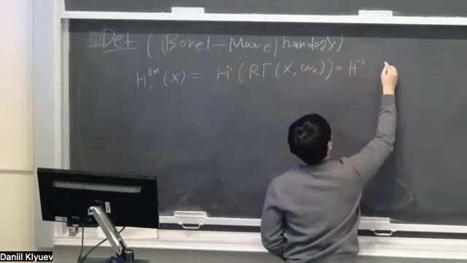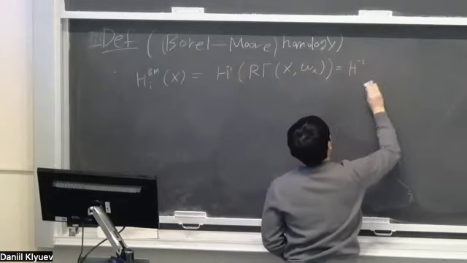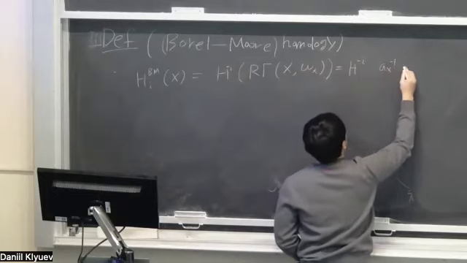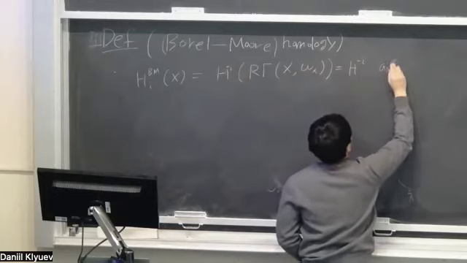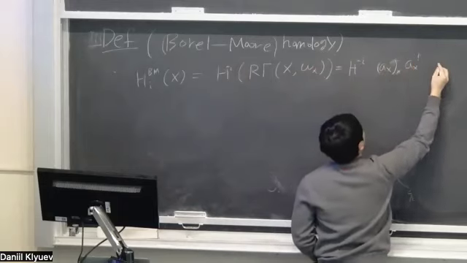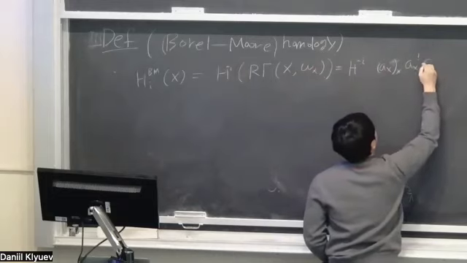This will be some kind of functors: a_X inverse, a_X lower star, a_X upper shriek of C.